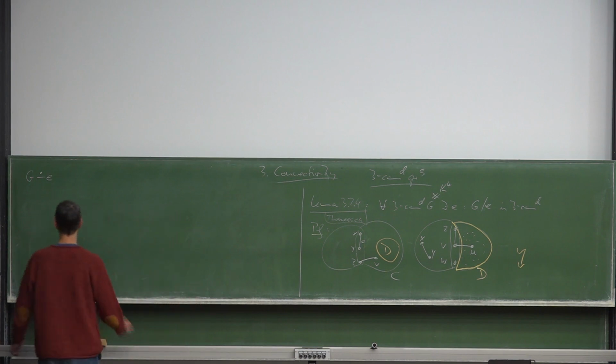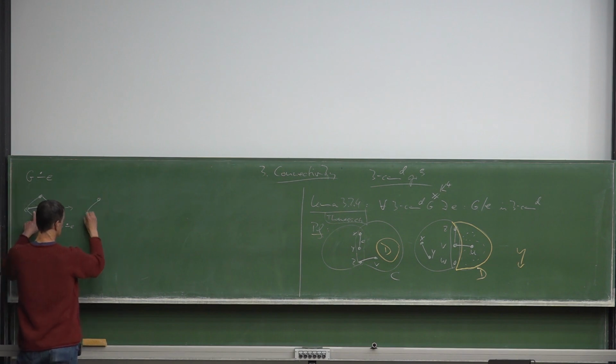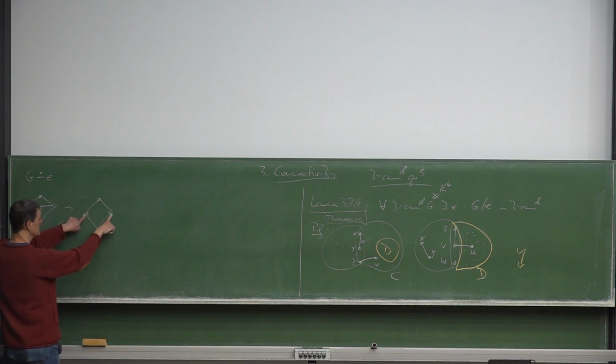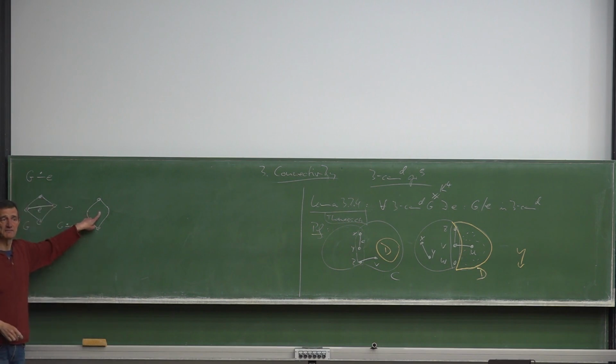Right, remember that? So if this is E, and that is G, then G minus E with a little dot on the minus would be: you delete E, and then both ends of E now have degree 2, so we have to suppress them, and then we get this, and that's a multigraph with 2 edges and 2 vertices.